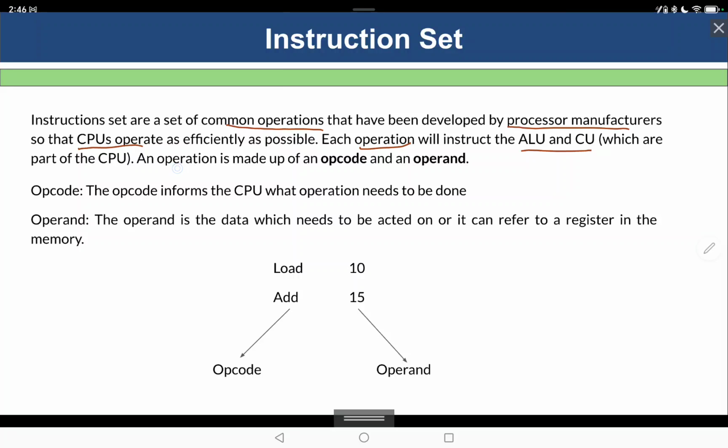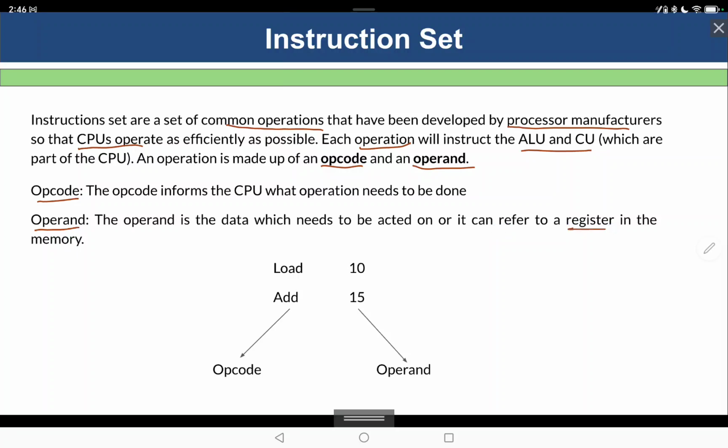An operation would consist of an opcode and an operand. Now, what does opcode mean? The opcode will tell the CPU what operation needs to be performed. And the operand tells it what data to use or where to find the data, or it can refer to a register in the memory.